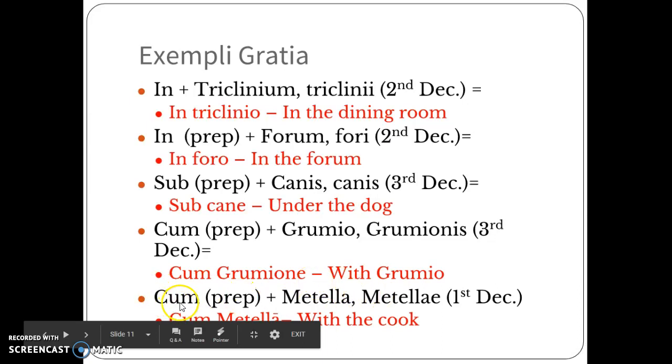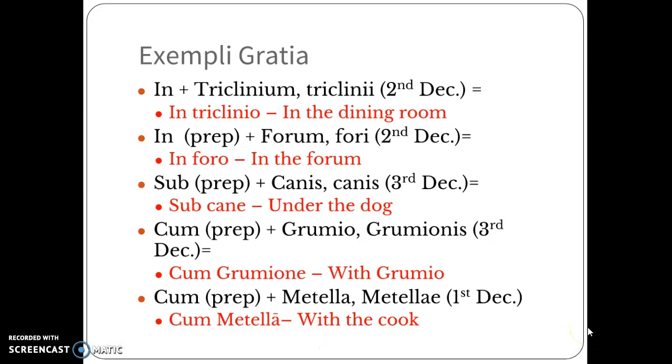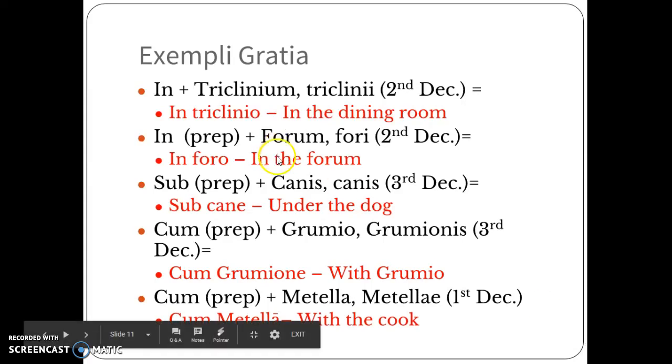And then with Metella, it'll be cum Metella. Notice that the A has the long mark over it, because Metella is a first declension noun, and for first declension nouns, the ablative singular ending is A with a line over it. It's the only line I care about.